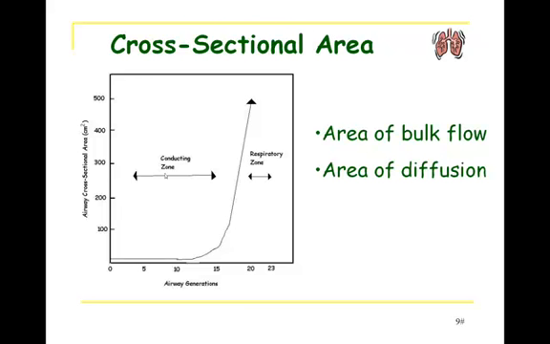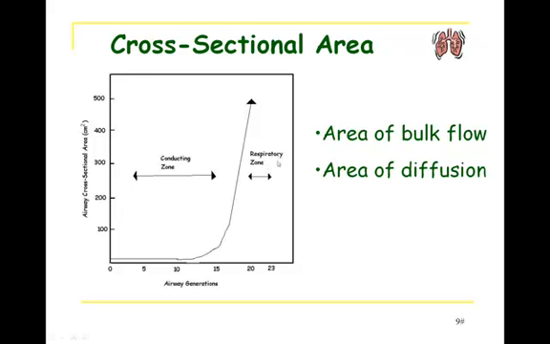When it gets down to the respiratory zone, this is the area of diffusion. The air will move by the laws of diffusion from high pressure to low pressure. The size of the airways does not matter when you're in that respiratory zone, because as you move down the tracheobronchial tree, those airways get smaller and smaller and smaller.